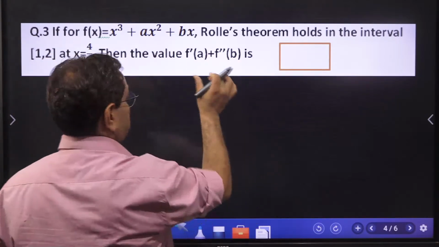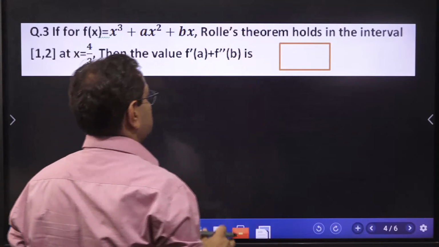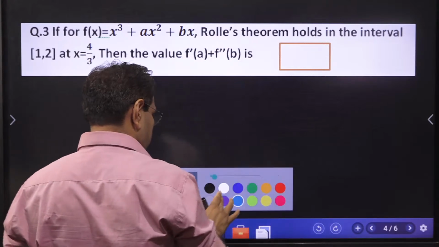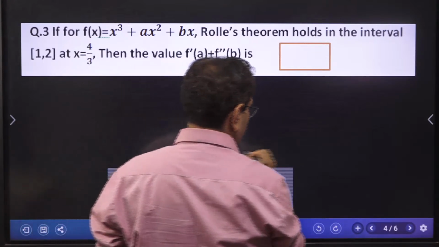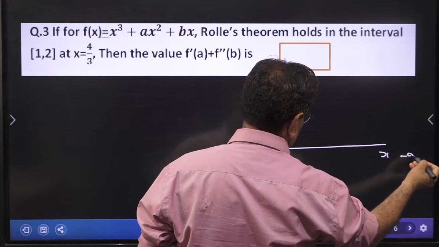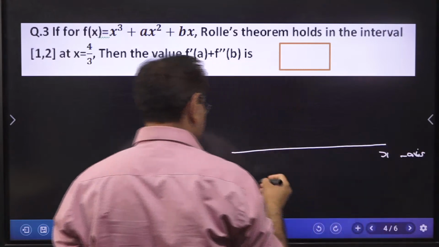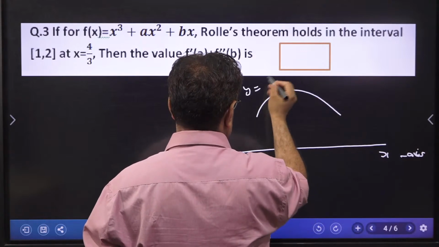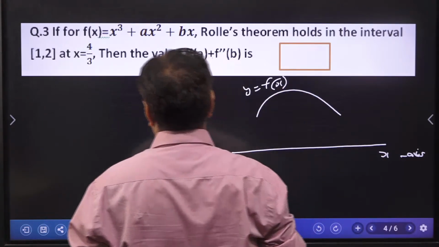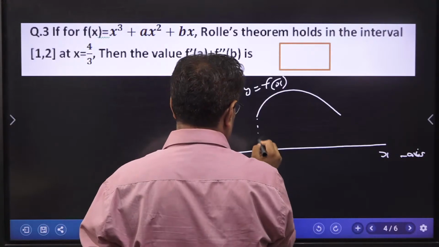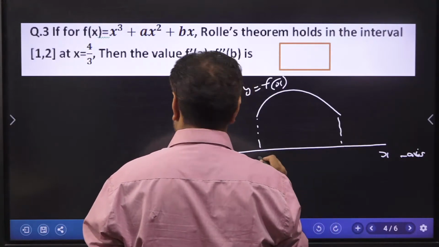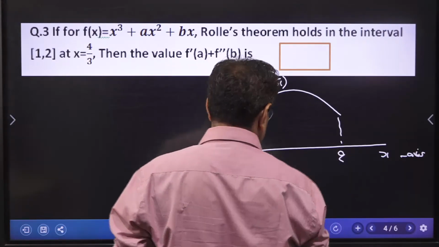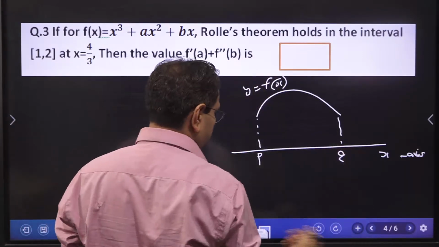Do you know the statement of Rolle's theorem? What is the statement of Rolle's theorem? We have a function. Suppose this is our x-axis. Now we have a function, say f(x). This is y equal to f(x). Now we have 2 points, say P and Q. We can take A or B also, any 2 points we can take.